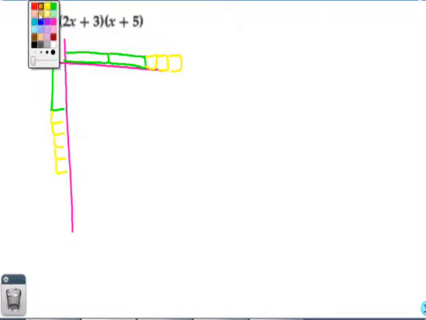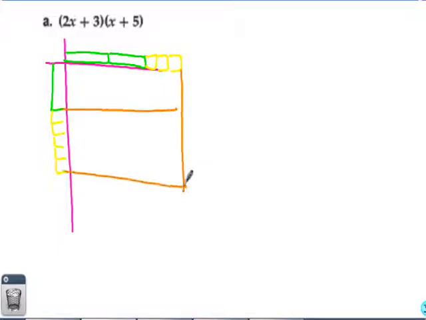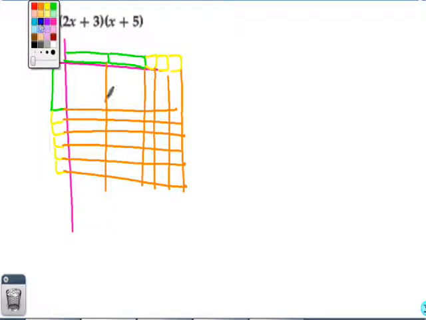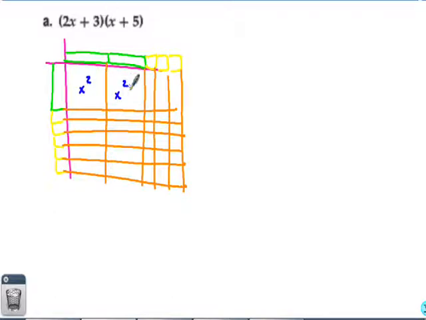The neat thing here is that all I have to do is take each intersection of the tiles, and I'm literally going to create a bunch of squares and a bunch of rectangles, and then maybe a couple large squares. And all I have to do now is count. I have 2x squared, because this is an x squared and this is an x squared.